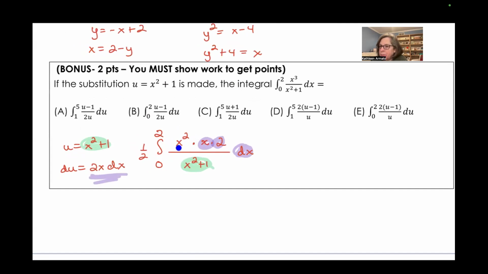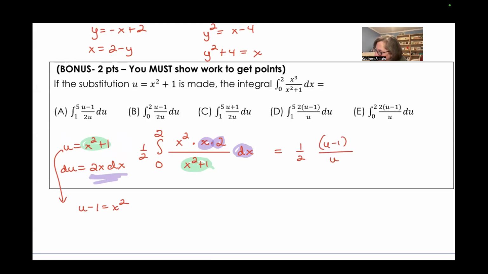You can't have both x's and u's. You have to only have all x's or all u's. But looking at this equation, could I solve it for x squared? Yeah, u minus 1 would equal x squared. So I can replace x squared with u minus 1.